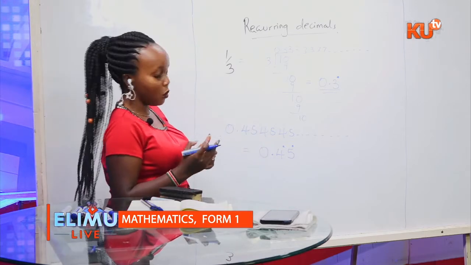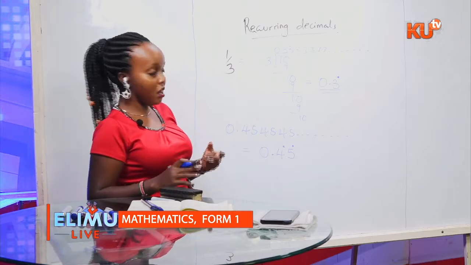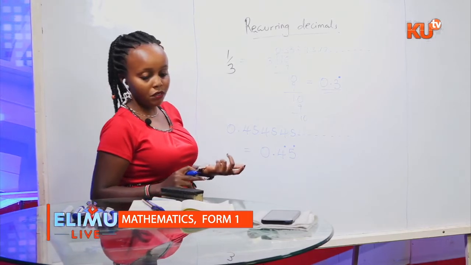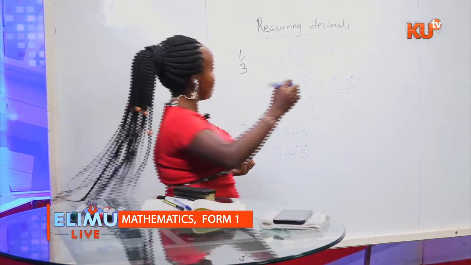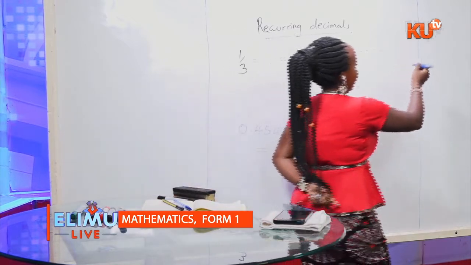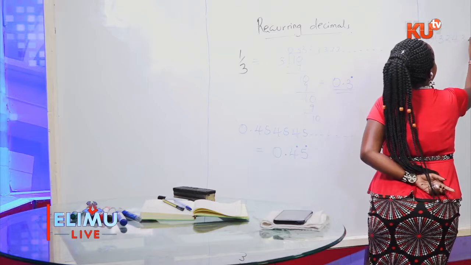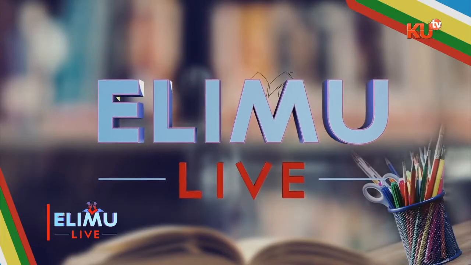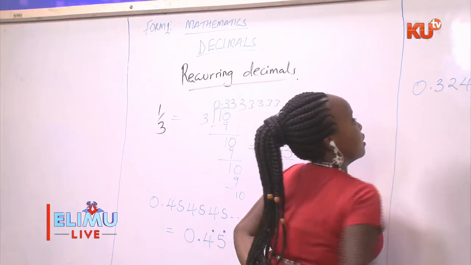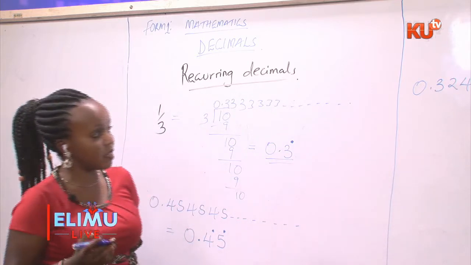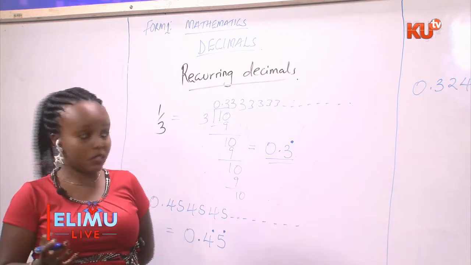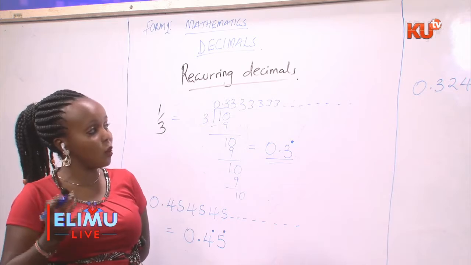We can also have an example whereby we have 3 digits that are repeating themselves. For example, let's say we have a number like 0.324, 324, 324 continuously. In this number, the digits that are repeating themselves are 3, 2, and 4.